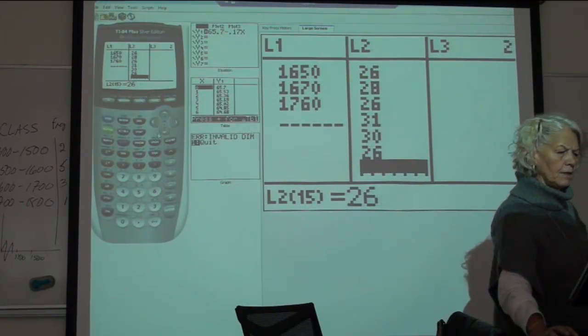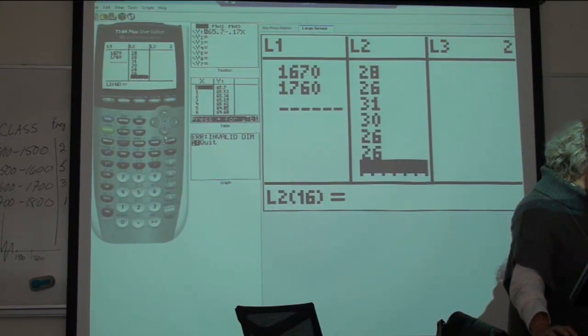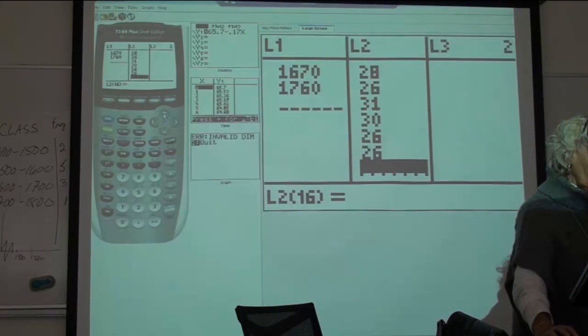How many pieces of data? 16. It says 16 days, so we would expect 16.